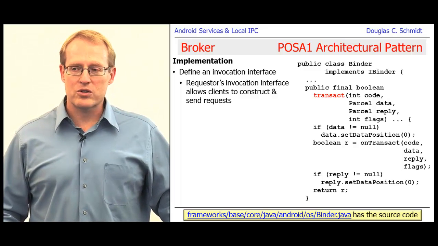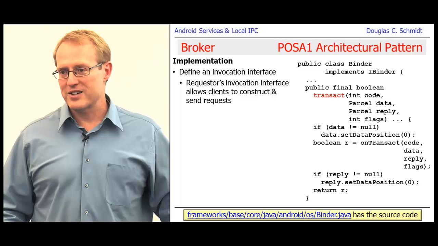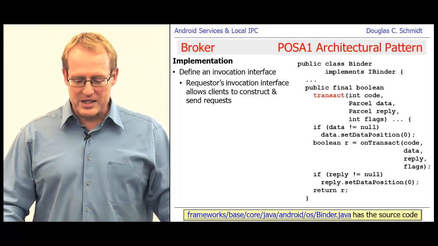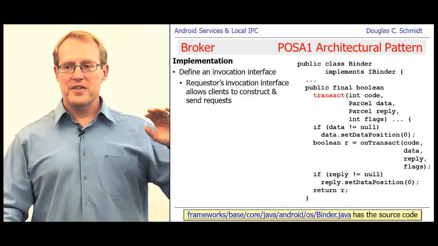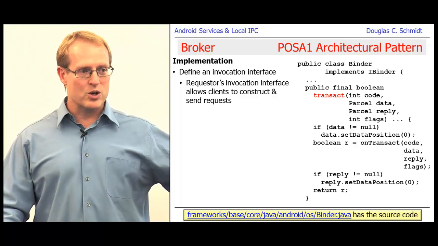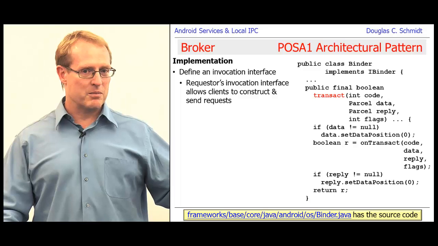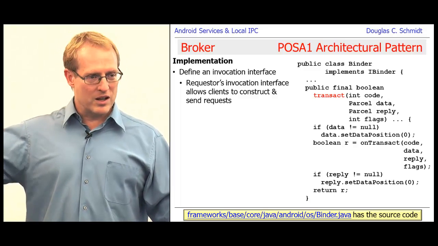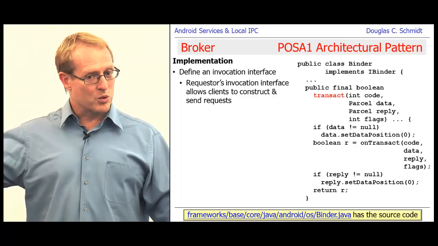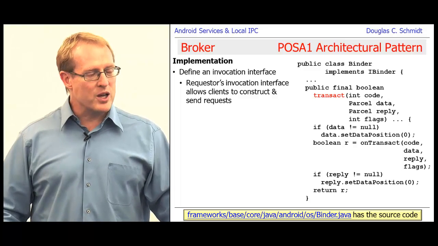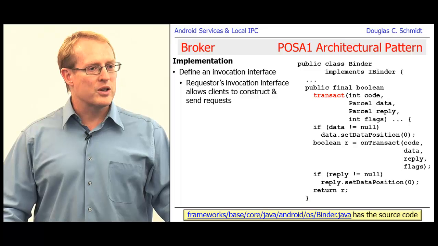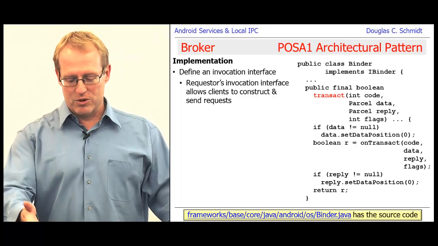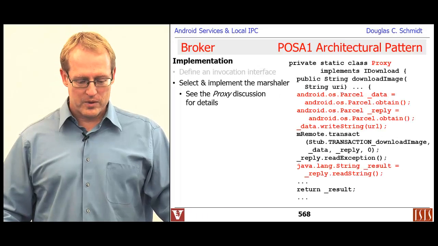And when somebody calls transact, which turns out typically to be the proxy that calls it, under the hood it ends up calling the onTransact method, and that will get delivered over to the server side, and there's an onTransact method that gets called back on the stub, and that's how the data gets upcalled to the server. We'll talk about that in a second. If you take a look at the binder code in Android, if you take a look at binder.java, you'll see this implementation, and it looks more or less like what I've shown you here.